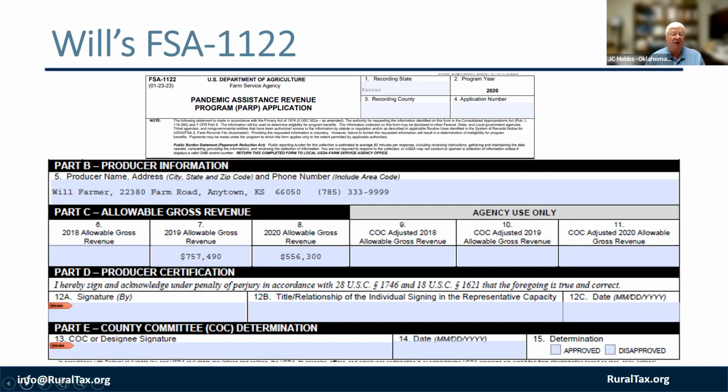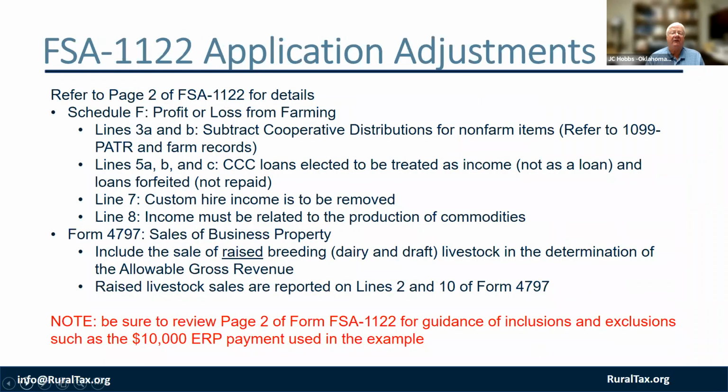We're going to sign the form. Now, remember, the 1122 is self-certified, doesn't require a CPA or attorney. Certification is done by you when you fill it out. Everything's good. So once signed and dated, mail it in.